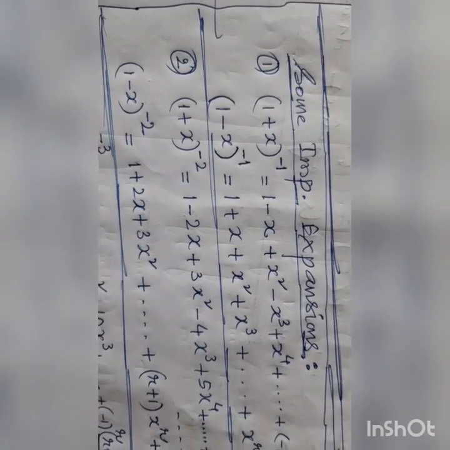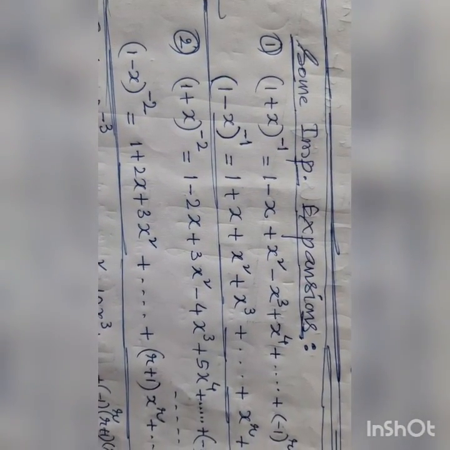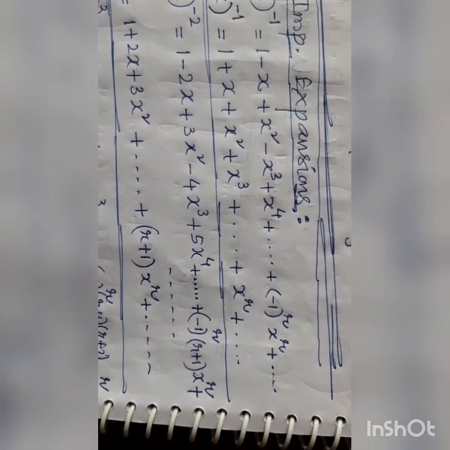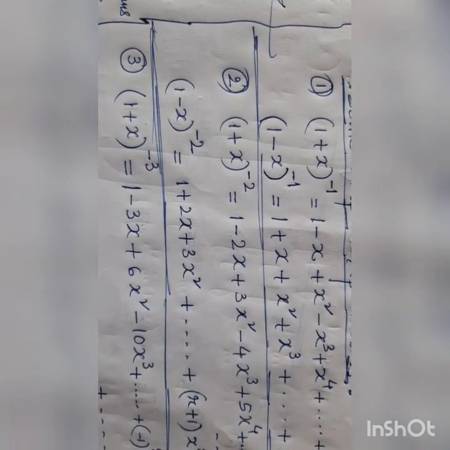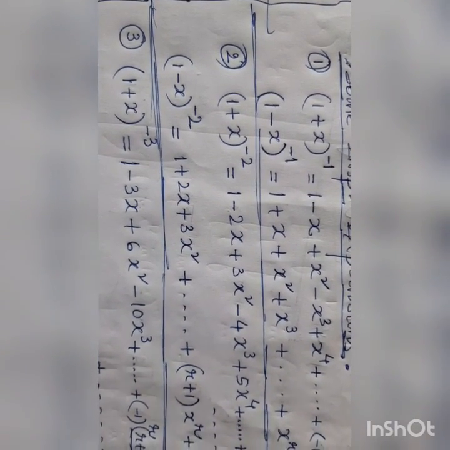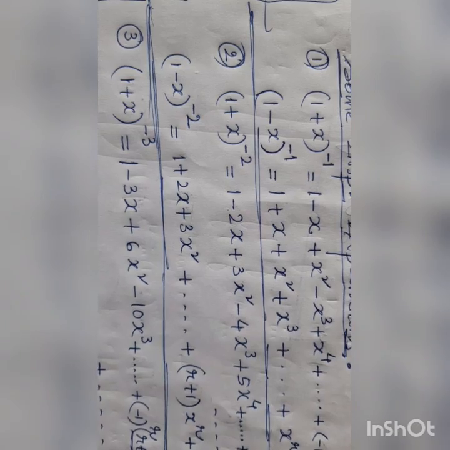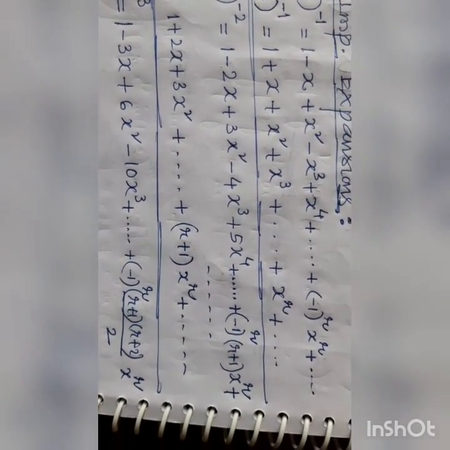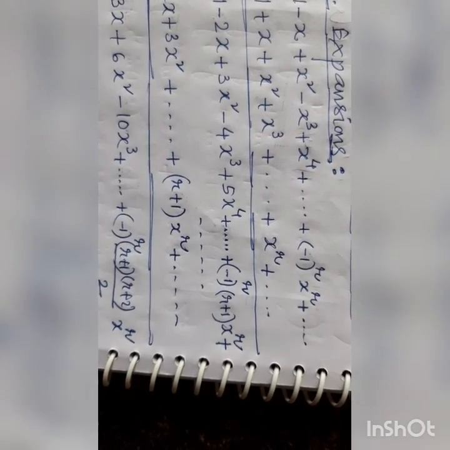Next, 1 minus x whole power minus 1 is 1 plus x plus x square plus x cube plus so on plus x power r plus so on up to infinity. And next, 1 plus x whole power minus 2 is 1 minus 2x plus 3x square minus 4x cube plus 5x power 4, so on, plus minus 1 power r times r plus 1 x power r, plus so on to infinity.